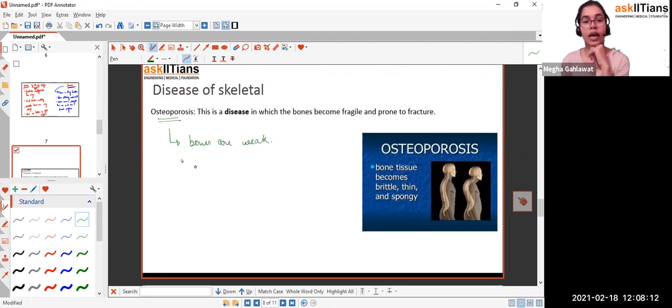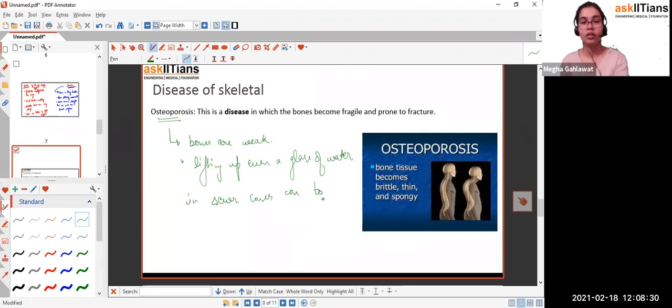And lifting up even a glass of water, in very severe cases, can lead to fracture, right?